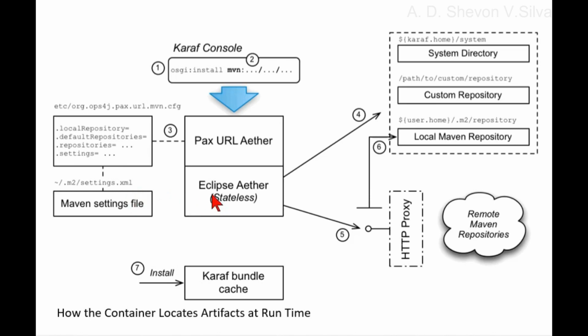When the Ether library is invoked, the first step is to look up any local Maven repositories to try and find the Maven artifact. The following local repositories are configured by default.